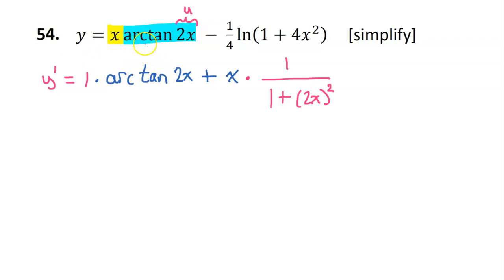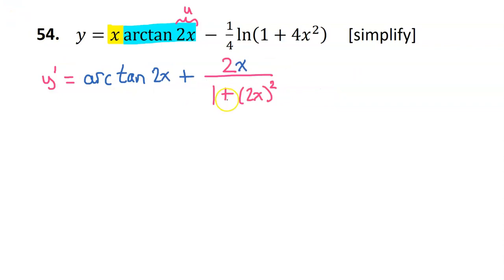The derivative of arctangent u is 1 over 1 plus u squared times u prime because of the chain rule. The derivative of 2x is 2, and I'm going to wind up putting this in the numerator in a moment. In fact, let's put the 2 and the x in the numerator right now. As long as we are making all of these cosmetic changes, let's go ahead and replace 2x squared with 4x squared.